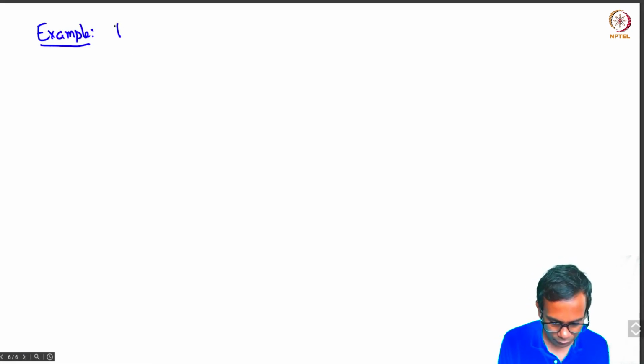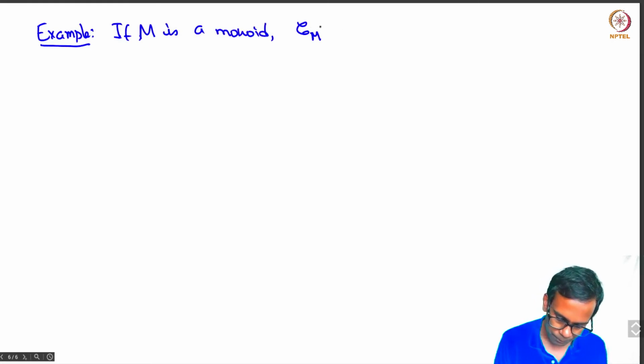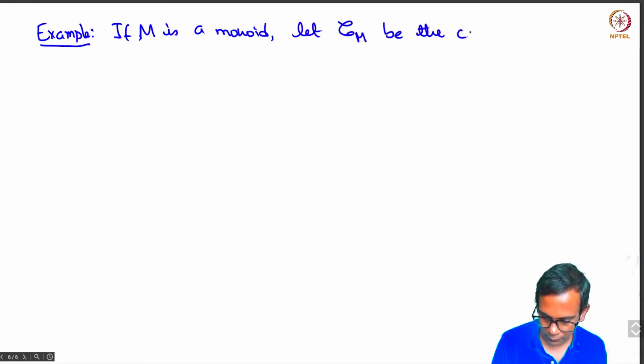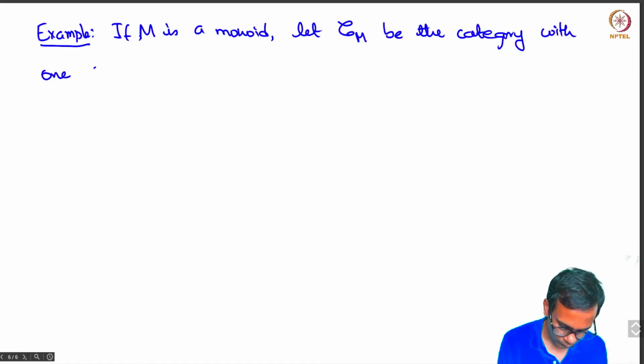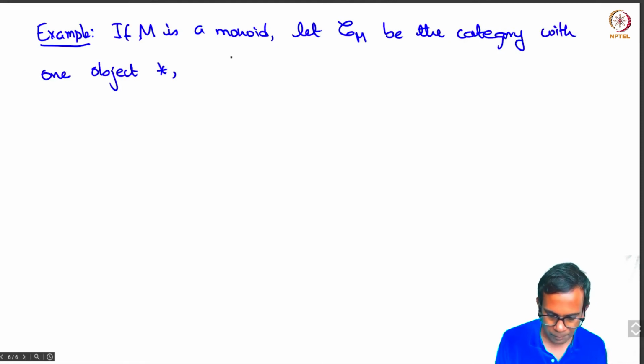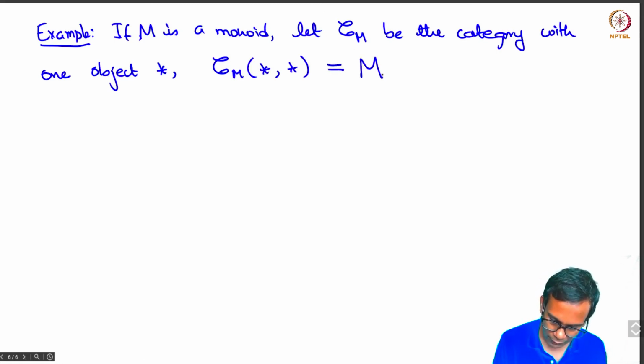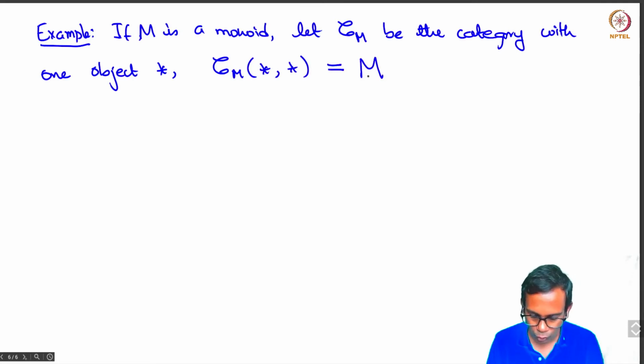So remember that if M is a monoid, there's a category C_M. Let C_M be the category with one object, star, and the arrows from star to star in C_M are just given by the elements of the monoid M. Now this monoid M has an identity element, that's going to be the identity arrow, and the composition of arrows will just be given by the multiplication operation of the monoid M.